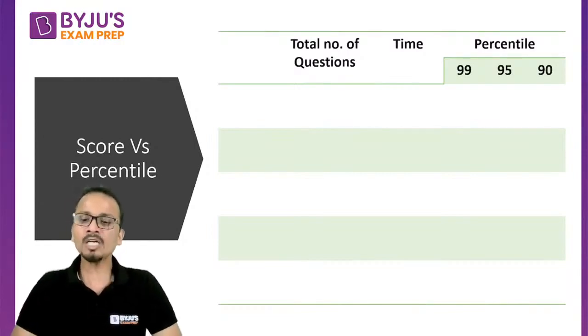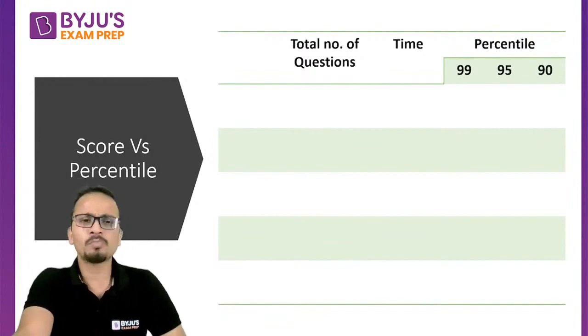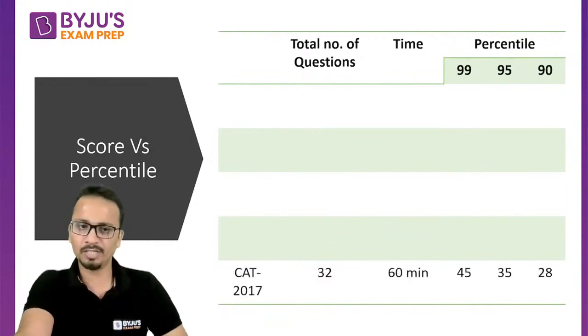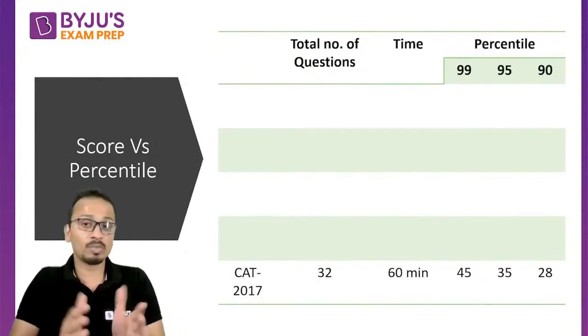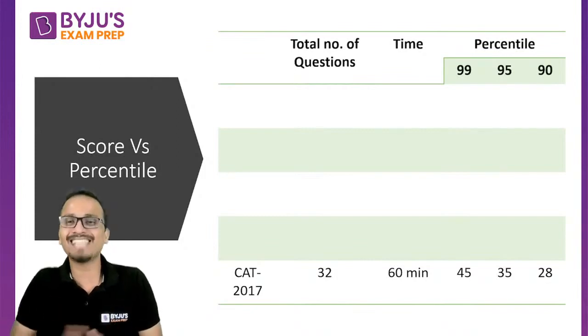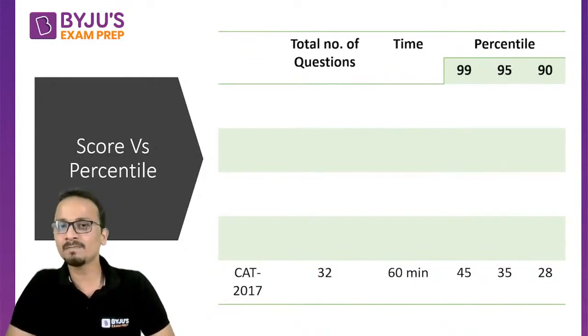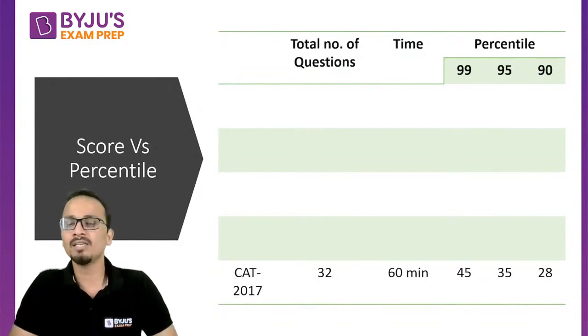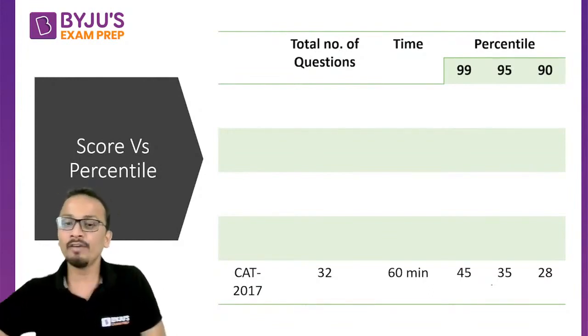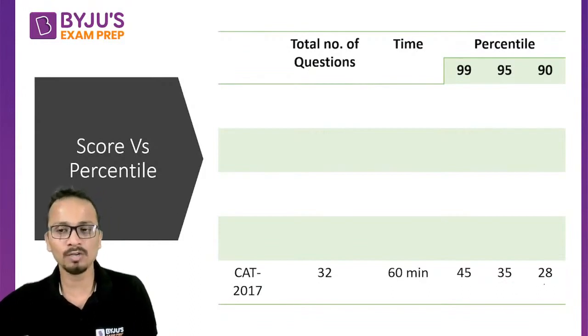All right. So let's talk about the score versus percentile over the past 5 years. So in 2017, out of 96 marks in total, yes, there were 32 questions, 32 into 3 is 96. So out of 96, a student who has scored just 28 marks, effectively you have solved 8 or 9 questions correctly.